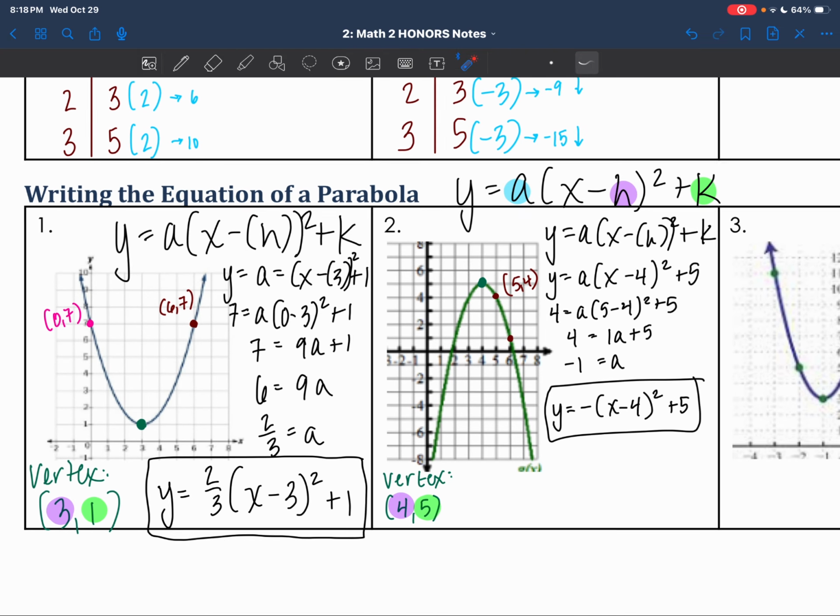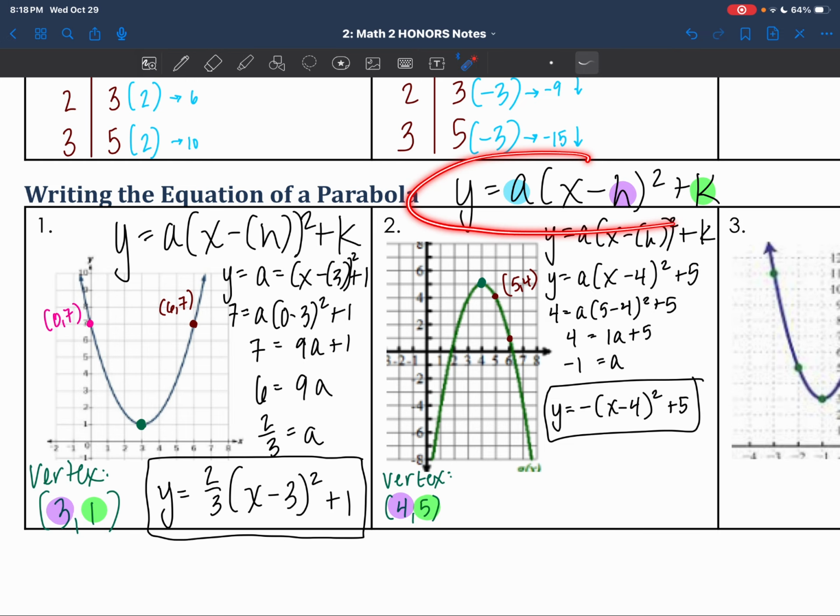And now it says writing the equation of a parabola. So remember, this is your equation of a parabola. I like to write it at the top and then start plugging in information and finding the rest. For this, I know x and y are any point that's on here. So I'm going to plug in my h, I'm sorry, h is what I meant to say.